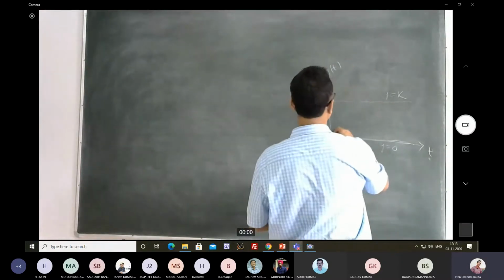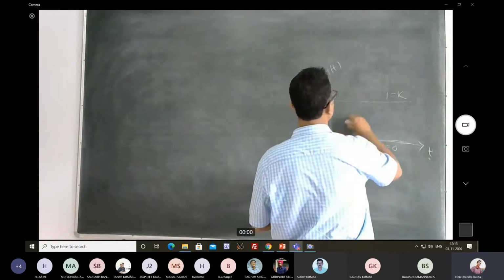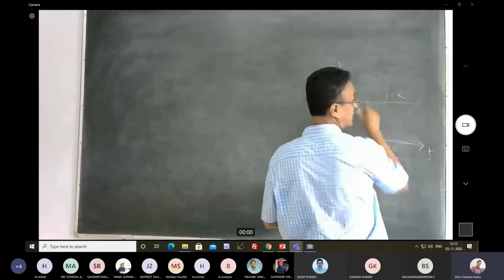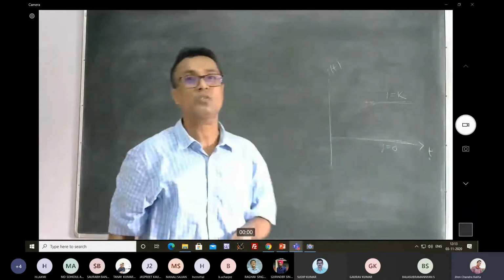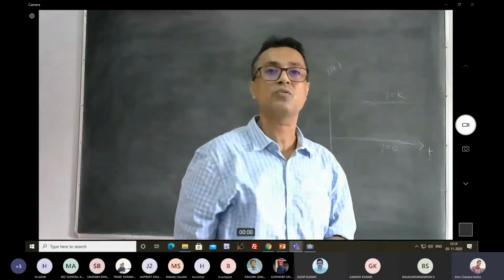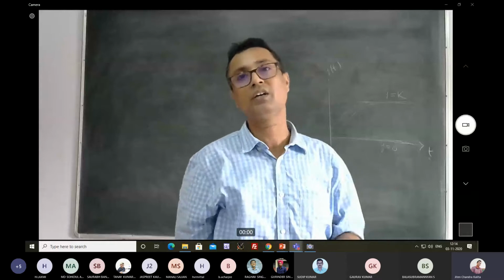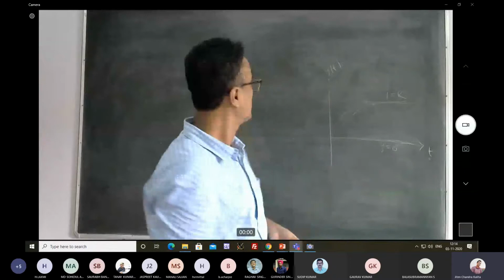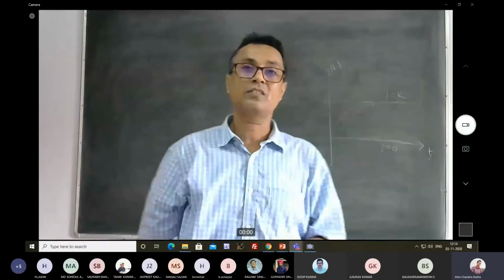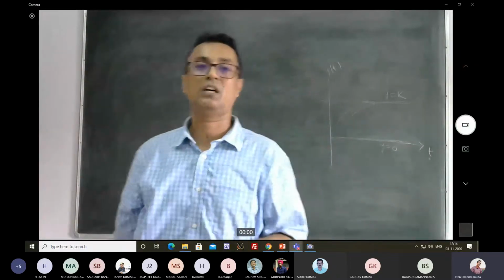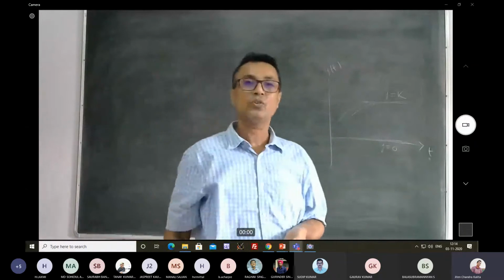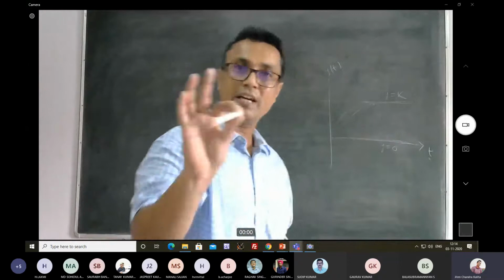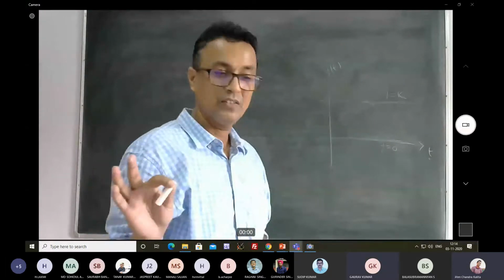I told you that although the solution evolves like this, it is never going to intersect this line because of the uniqueness of the solution. So y equal to K is an asymptote for all these solutions emanating from points along the y-axis, where the initial condition is. They are never going to cross each other. Okay, so that is the only doubt. Yes, sir. Thank you, sir. Fine.